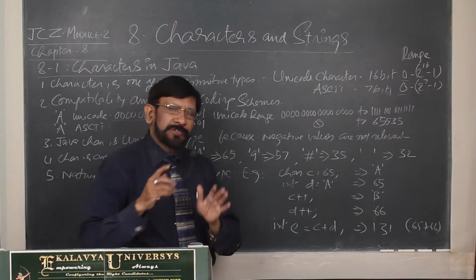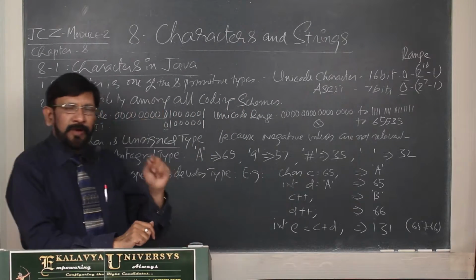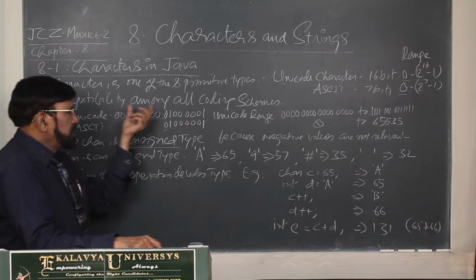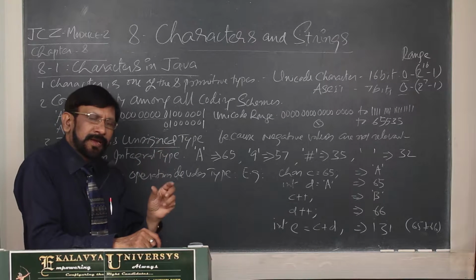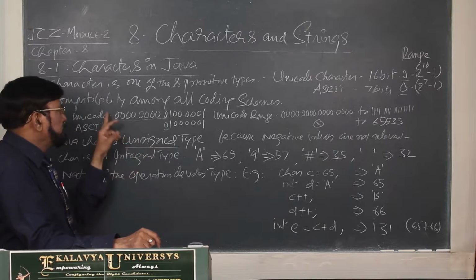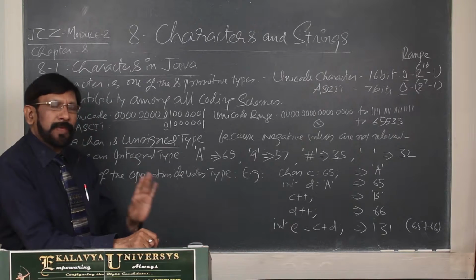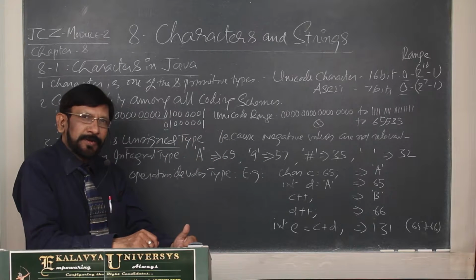In order to achieve compatibility among all the coding schemes, one feature was implemented: the first 128 characters of all coding schemes are common. That we have to understand. By that, compatibility among coding schemes can be implemented.